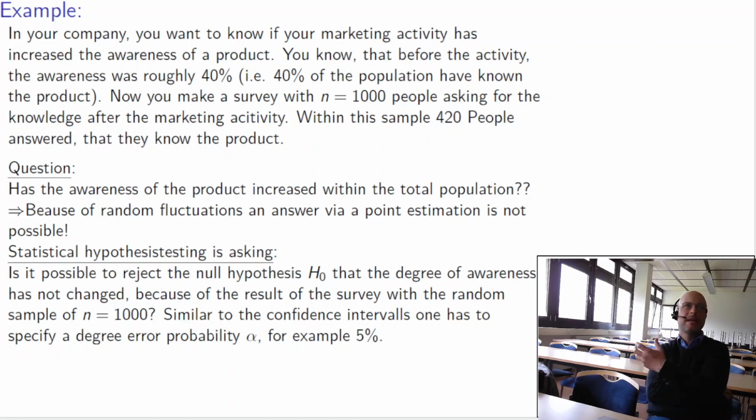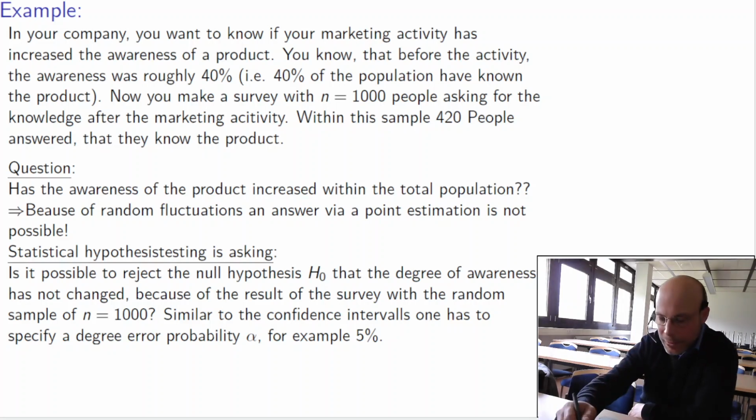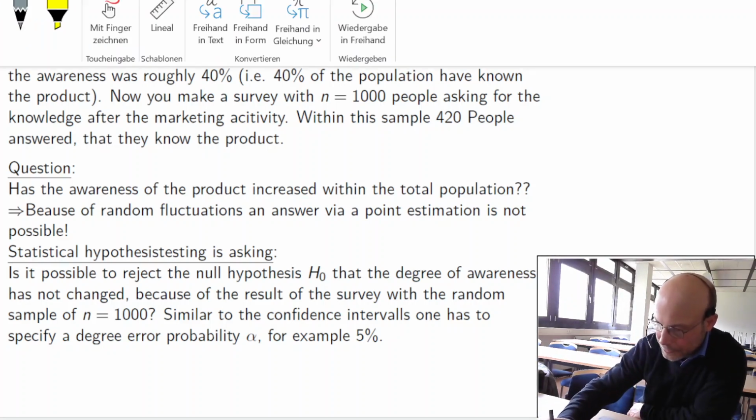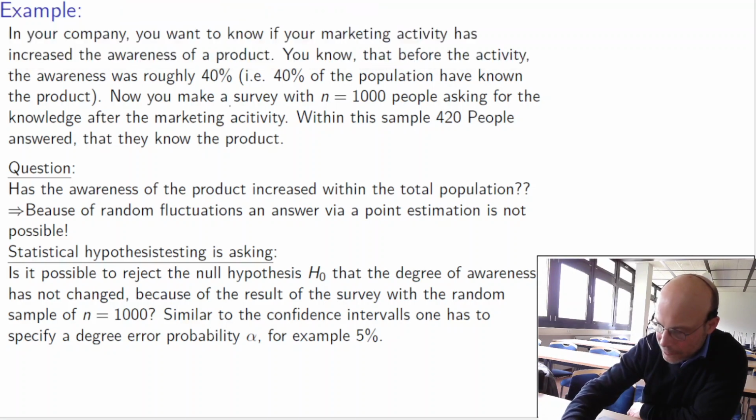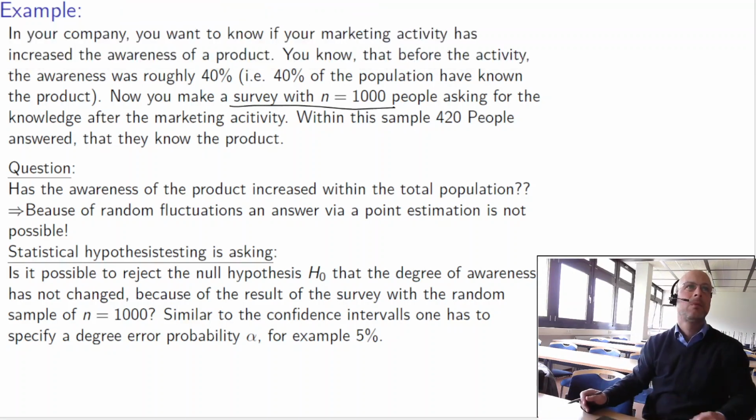So 40% of your parent distribution knew your product before you started your marketing activity. Now, after your marketing activity, it would be too costly to ask everybody here in Wilhelmshaven or everybody in Niedersachsen. And therefore, of course, we make a survey. And within this survey, we ask 1,000 people.